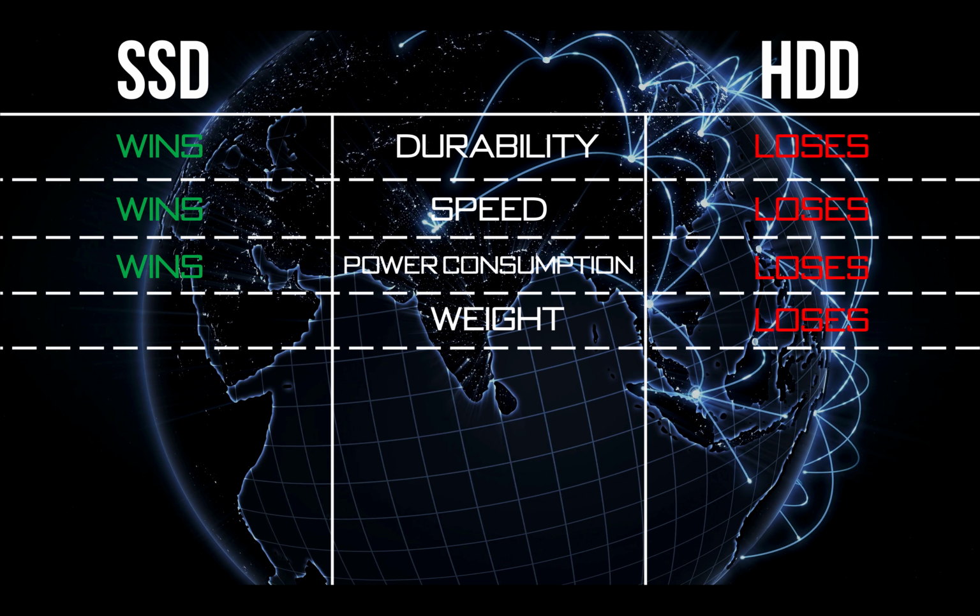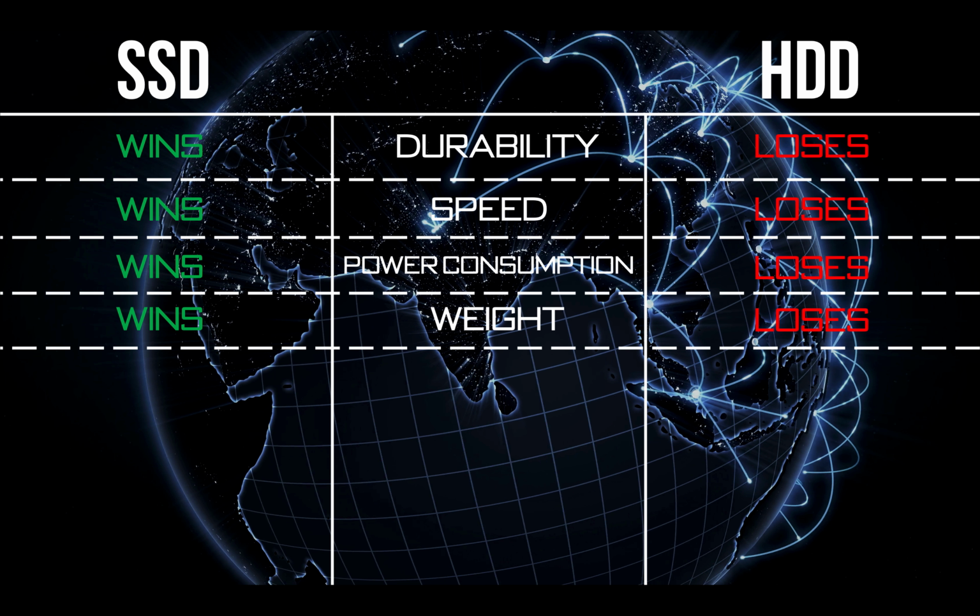When we compare weights, SSDs are also lighter. Flash-based SSDs weigh considerably less than hard drives, only 77 grams versus 752 grams on average for HDDs.